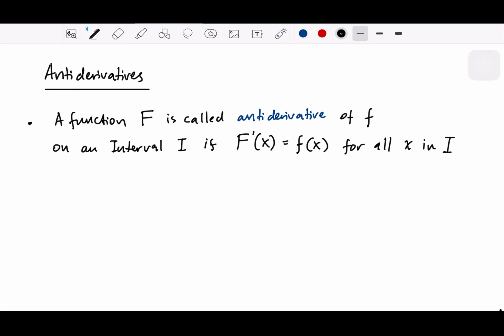So the definition first is this, okay. But this definition is not complete yet. So we have the following up for this definition.